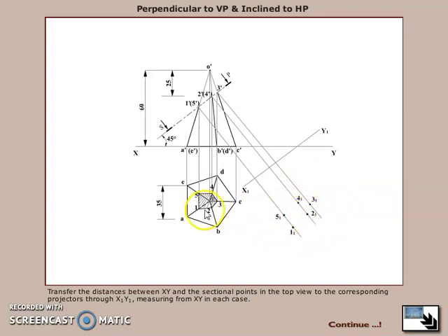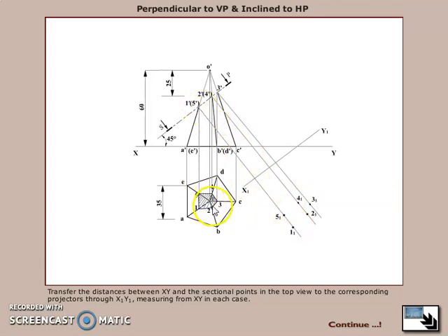I will explain once more. You can take the perpendicular distance of point 1 from XY, then mark that distance from X1 Y1 on the line drawn through 1.